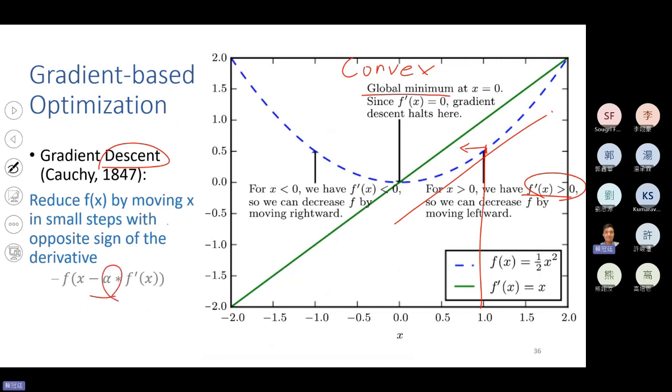The alpha is called the learning rate. It defines how large a step we take. The derivative just gives us the direction. So if the derivative is larger than 0, we should go to the left side to get a smaller output. So we subtract the learning rate multiplied by f prime. If it's a subtraction, it's a descent. If it's an addition, it's an ascent.